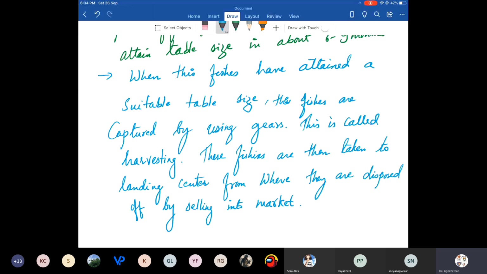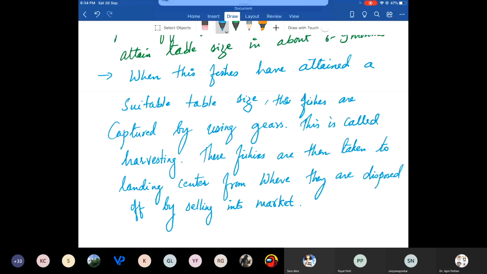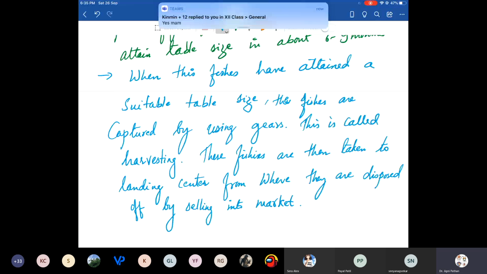I think we did evolution last time. Did you all do a summary on biotechnology? Please make summaries from the NCERT book, whichever chapter is missed.